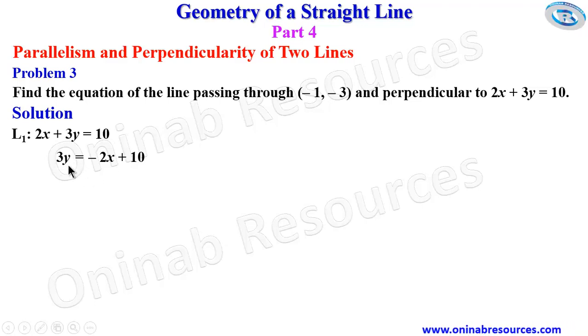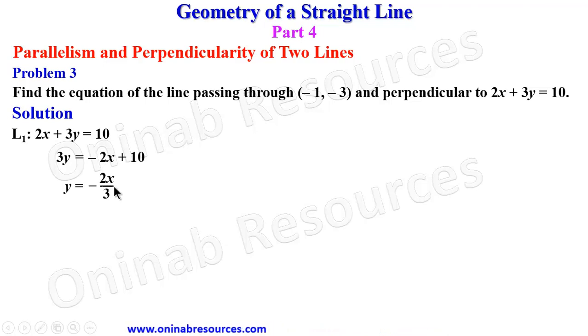Dividing through by 3, y is equal to negative 2x over 3 plus 10 over 3. So from there, we now get our gradient of the first line, which is negative 2 over 3.